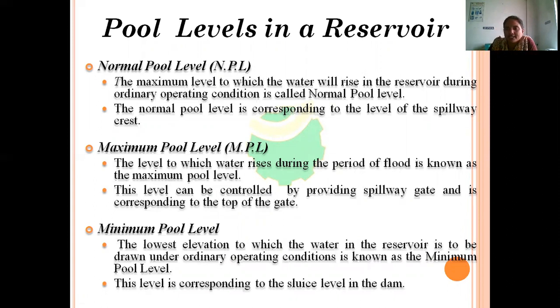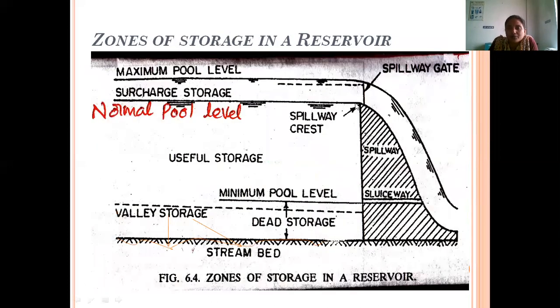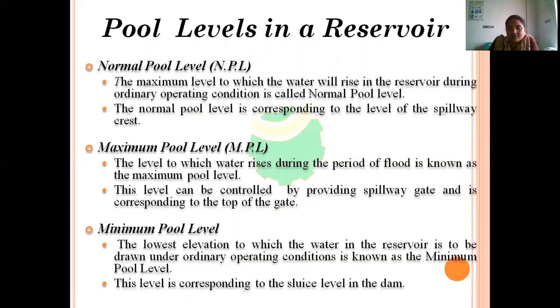The water quantity at a dam's safe operating conditions is called the normal pool level. The normal pool level corresponds to the level of the spillway crest. So in the figure, from the minimum pool level up to this spillway crest is called the normal pool level.